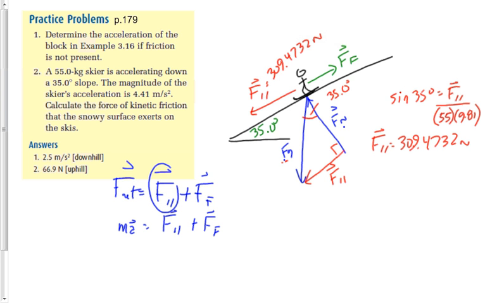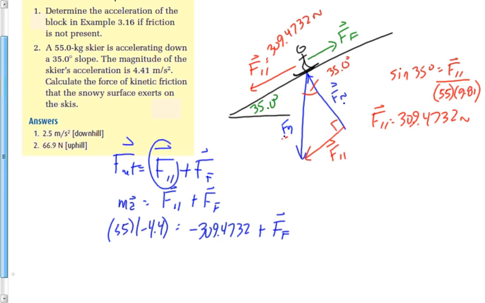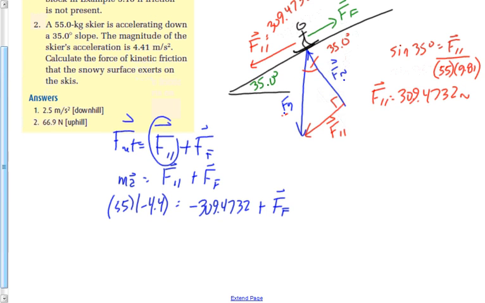M is 55. A, we're given this time, it's 4.41, but we're going to make it negative because this skier is skiing down the hill, right? F parallel is negative 309.4732, and FF is what we're looking for here. Would you expect FF to be a positive value or a negative value in this question?